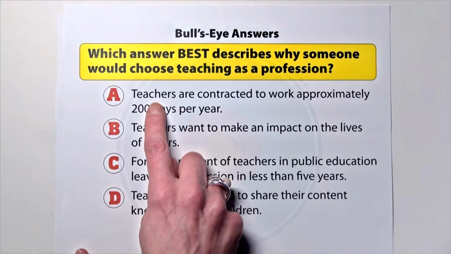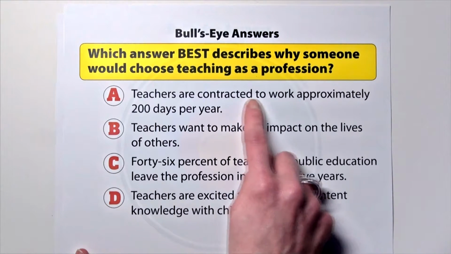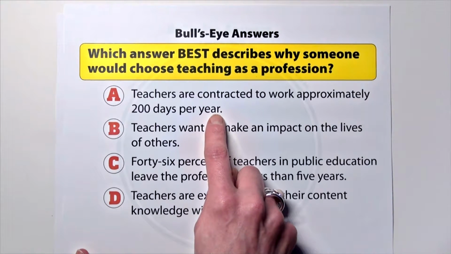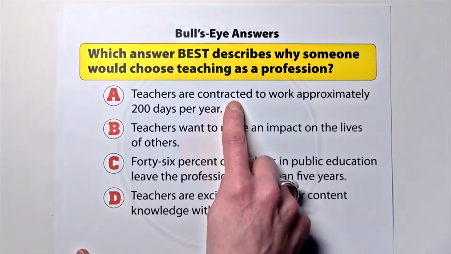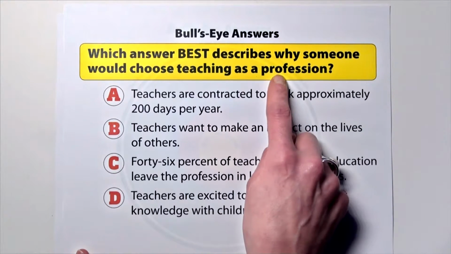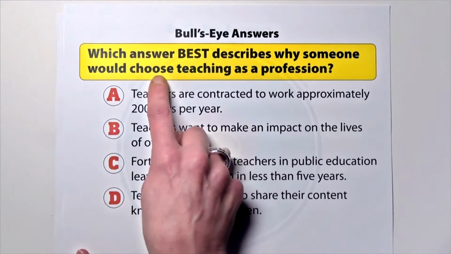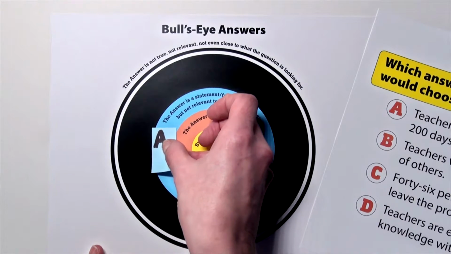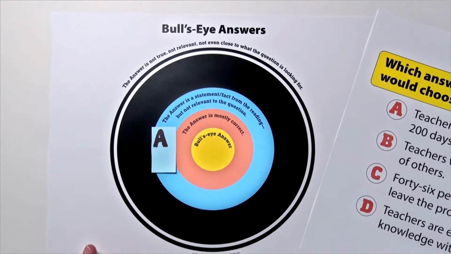So if the first option was teachers are contracted to work approximately 200 days per year, I want to think, well, yeah, that's true, but is that the best reason teachers would get into the profession? I'm thinking, well, it's a true statement, but I don't know if it's as relevant. I might drop it there.